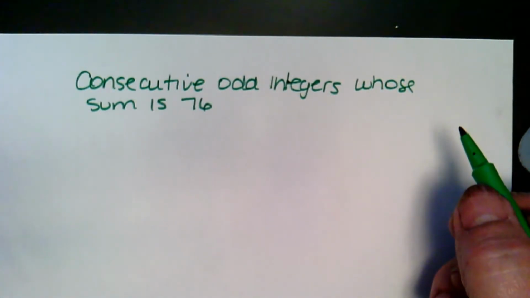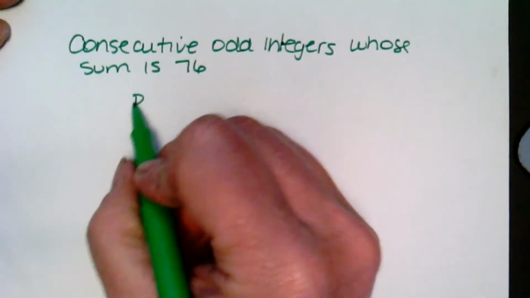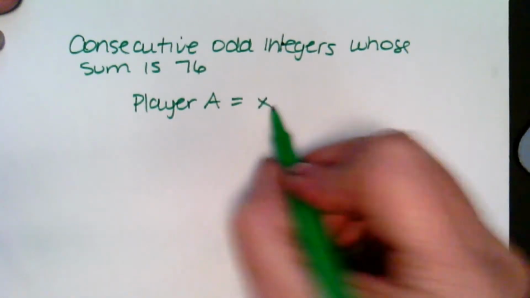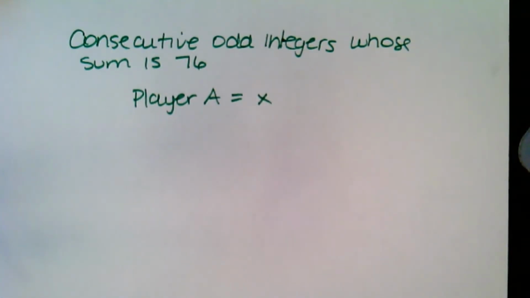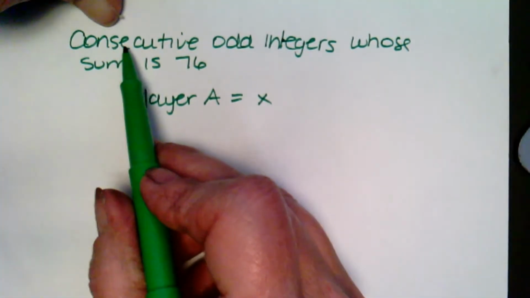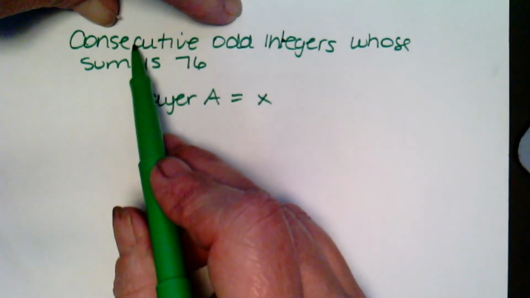They want us to determine the numbers hit by player A and player B. Let's say player A is x, but we do know they are consecutive odd integers, so that means in a row.